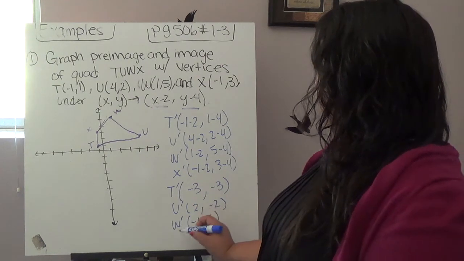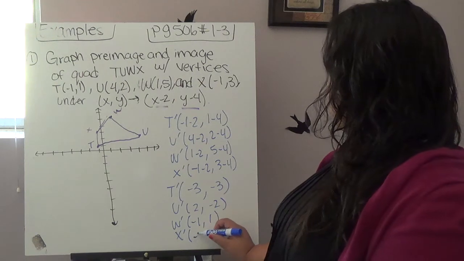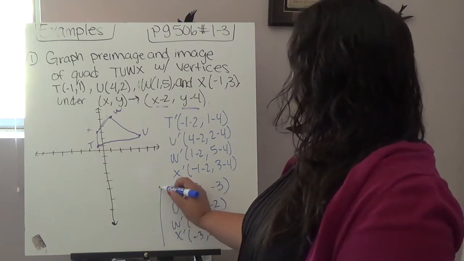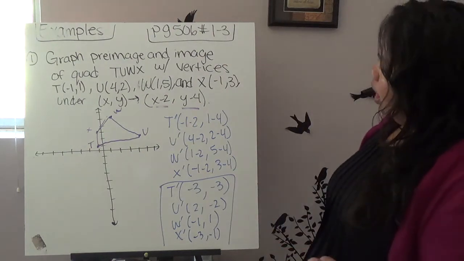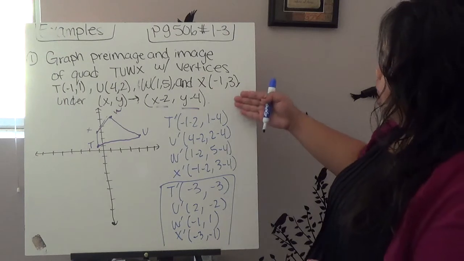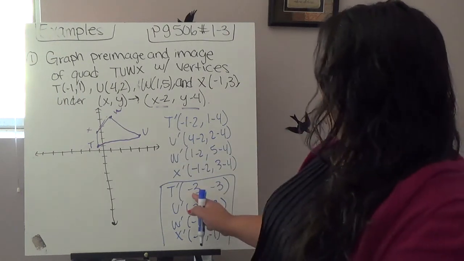And X prime is -1 minus 2, which is -3, and 3 minus 4, which is -1. So these are my new points. This is part of my answer, and now I just graph it.